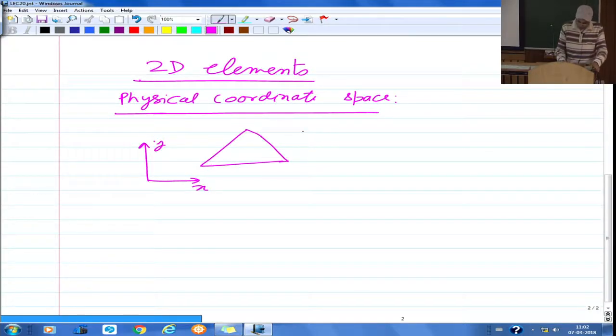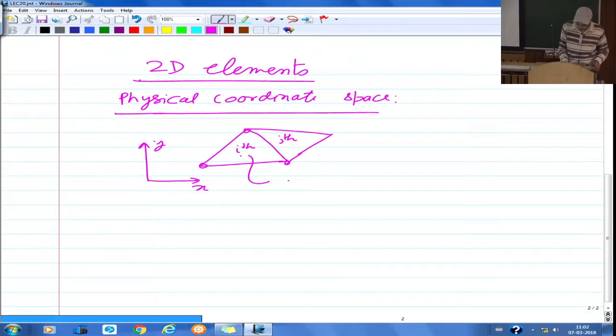So, let us say we have this triangle and then another adjacent triangle. Here it is a 3-noded triangle, even it can be a 6-noded triangle. Within these, the temperature approximation is linear. Let us say this is the ith triangle and this is the jth triangle in terms of global numbering.